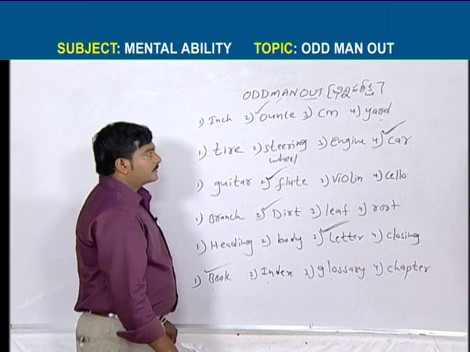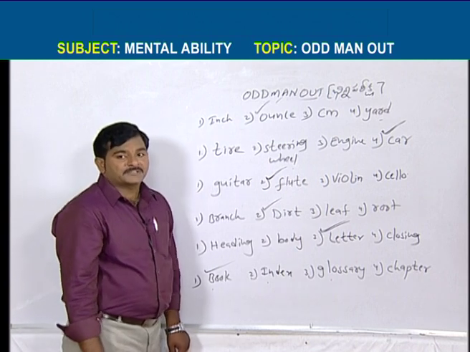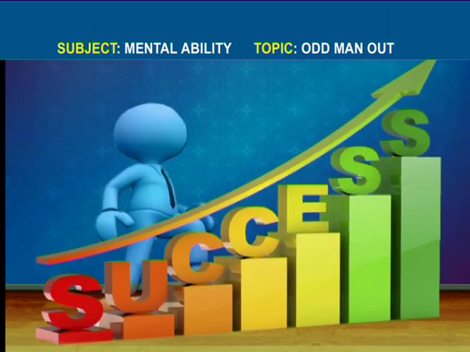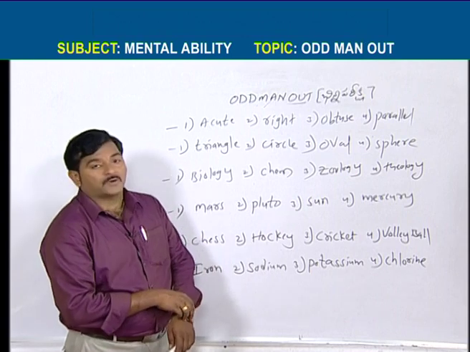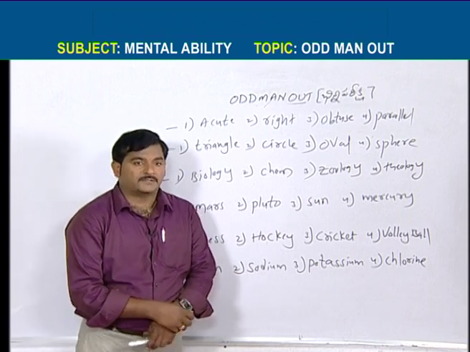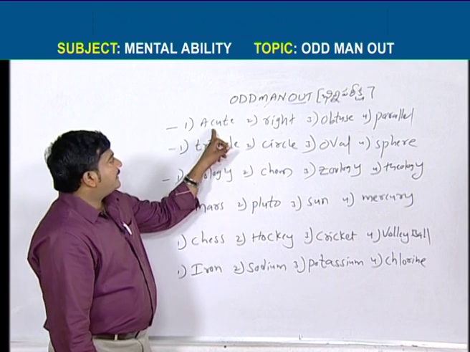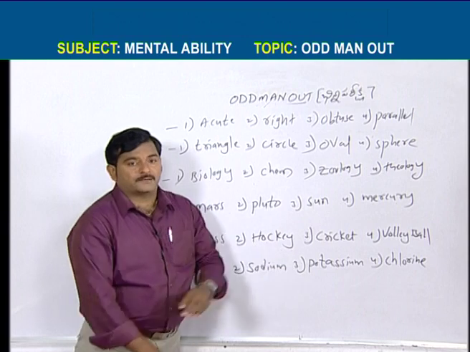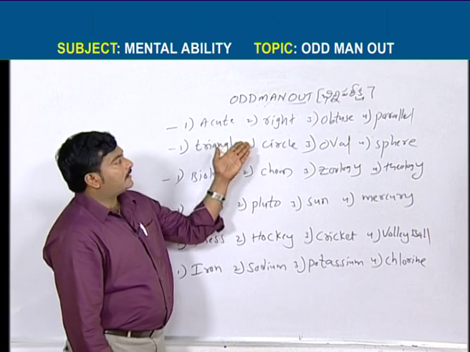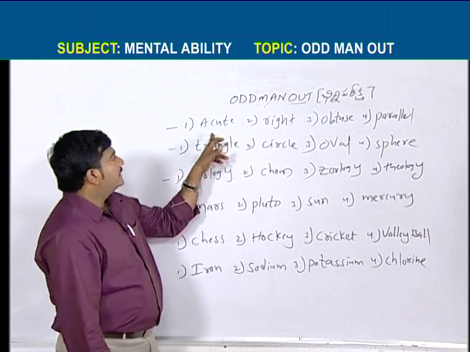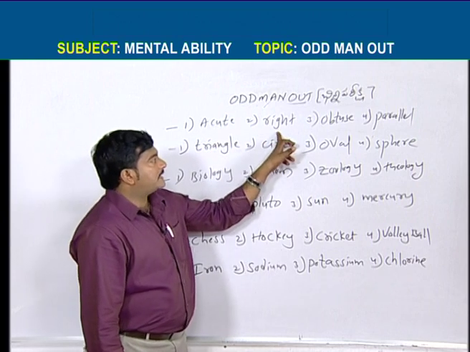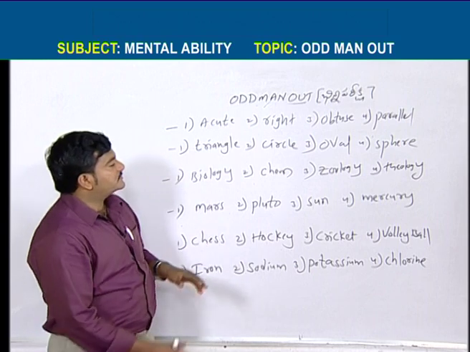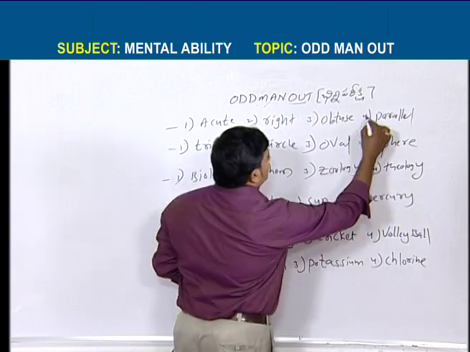These are some questions regarding word odd man out. We will discuss some other questions regarding this. Now some other models regarding word odd man out. Let us see the first one: acute, right, obtuse, parallel. If you observe, these are all related to angles: acute angle, right angle, obtuse angle, but parallel is not. So the answer is the fourth option.